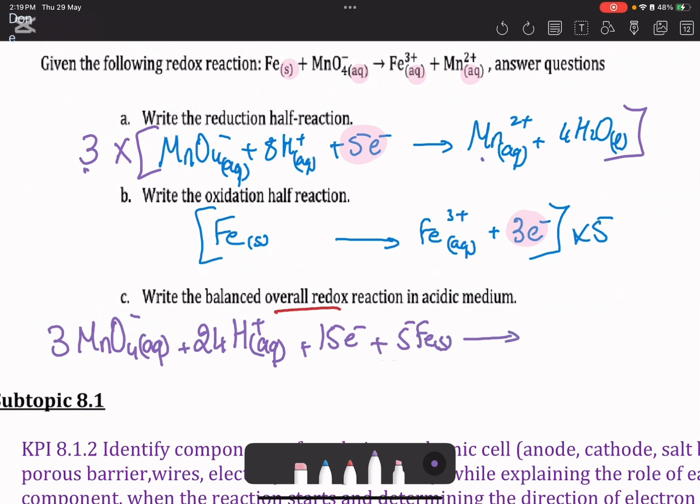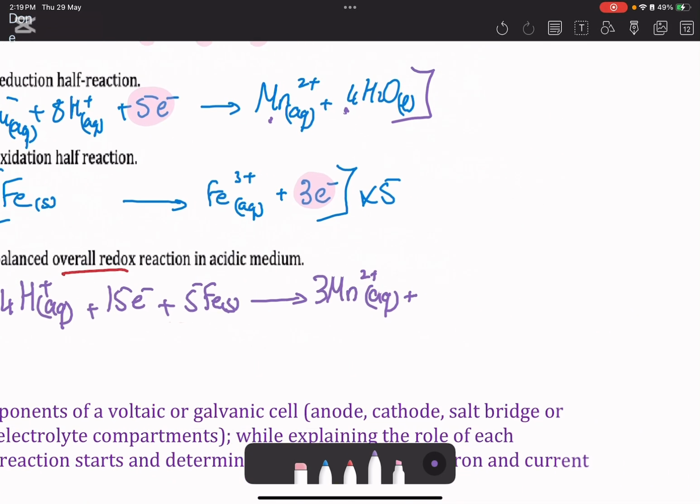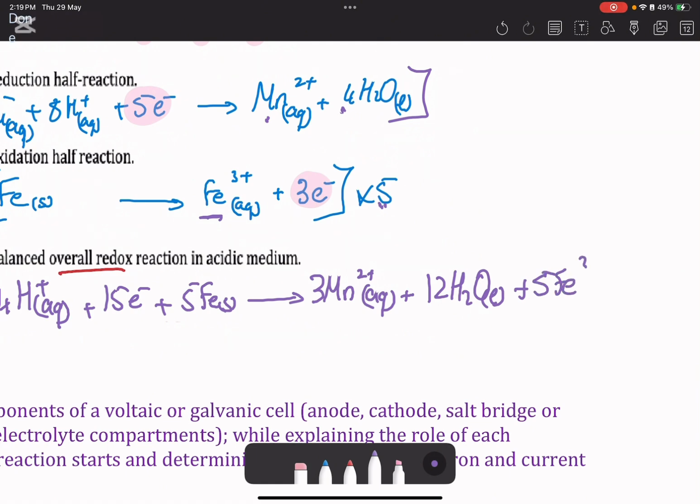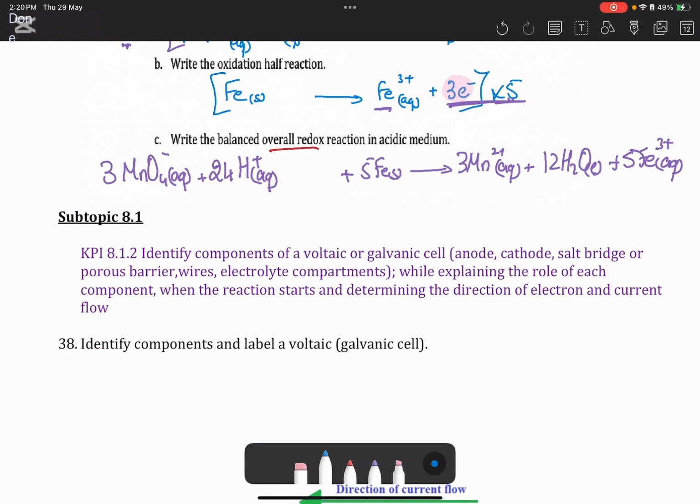Now 3 Mn2 plus, 12 H2O and 5 Fe3 plus and 15 electrons. So look at it, 15 electrons, you can erase, they cancel out. Now I have here, okay, that's it, there's nothing else to cancel out.